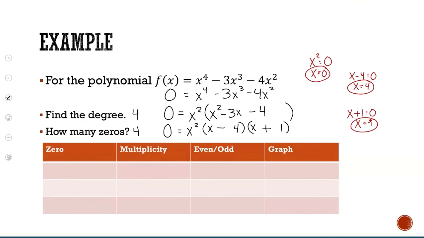All right, so I'm gonna take each of those 3 terms, set them equal to 0. Do you agree with 0, 4, and -1? Anybody have any trouble with those 3?